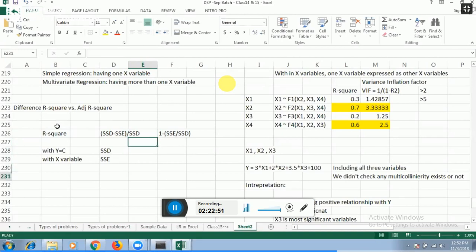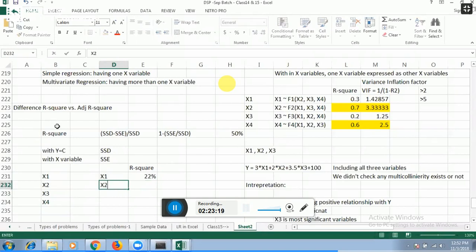Okay, so now this R square, you got as 50%. Assuming that you are including 3 variables or maybe 4 variables. If I include only one variable, my R square is 22%. By including x2, I got 48%.